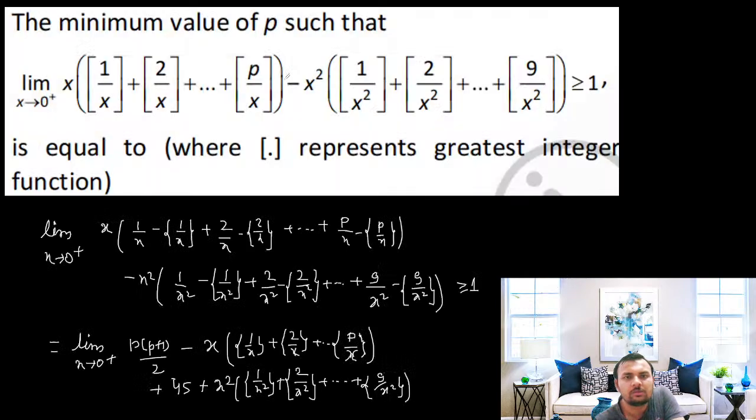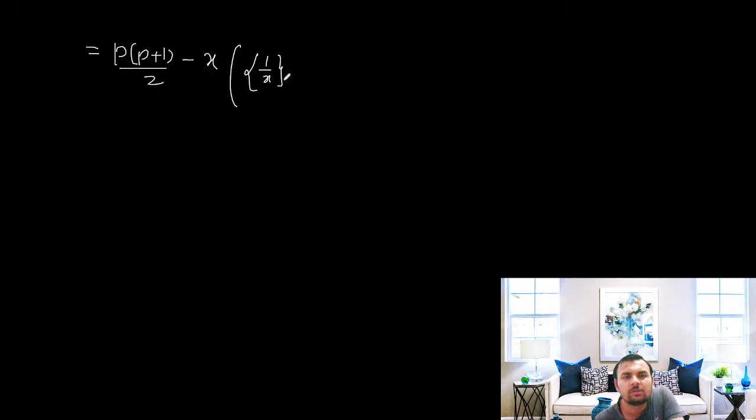This is further going as p plus 1 by 2 minus x times (1 by x, 2 by x, dot dot dot p by x).